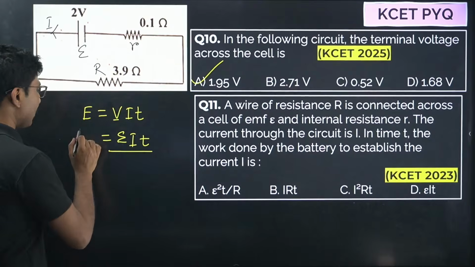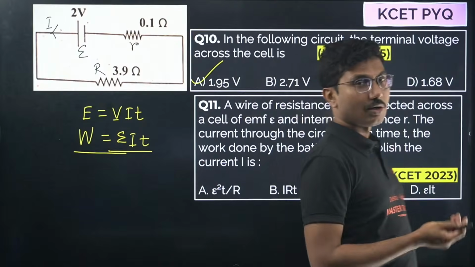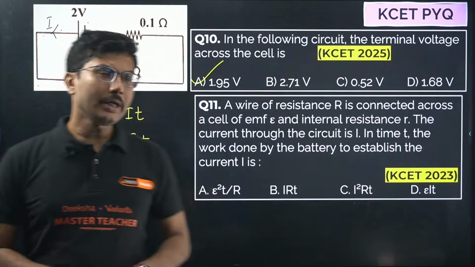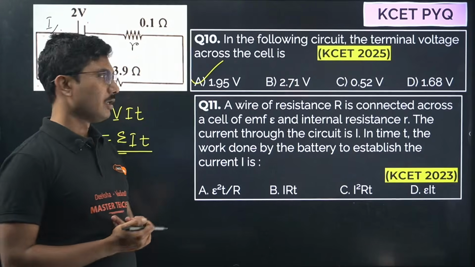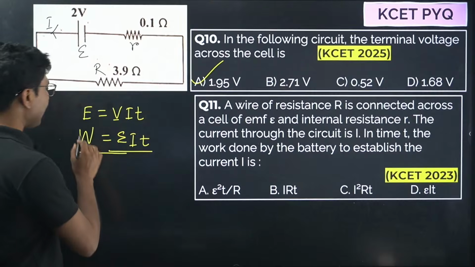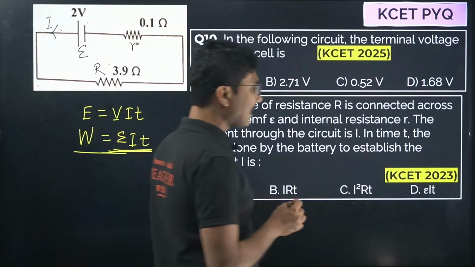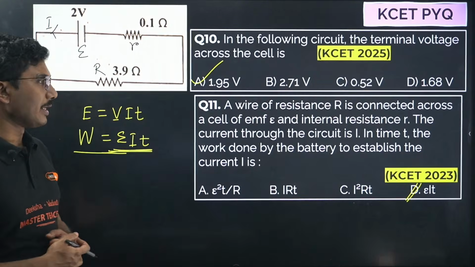Energy and work are same, they are two sides of the same coin. So from one side if you see energy, other side will be work. The energy that you are spending is epsilon IT, so that should be the work done as well.